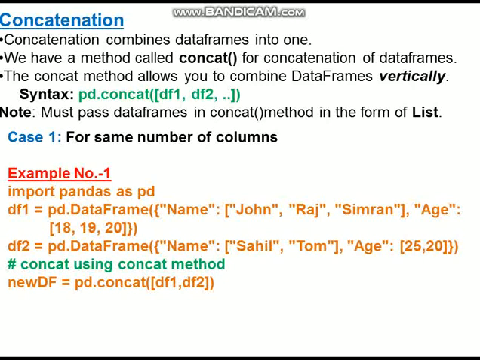So df1 and df2 are used here within a square bracket. That means I am passing them in the form of a list, as per the syntax. Then the print statement is given here, print new_df. Let's see the output.